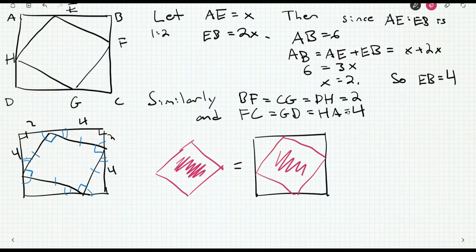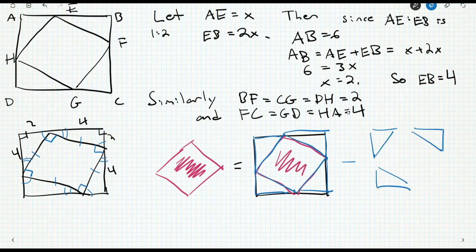He's this area. But it's also got, to make the big square, all of these identical right-angled triangles, mind you. So it's minus, so we subtract off each of these triangles here.